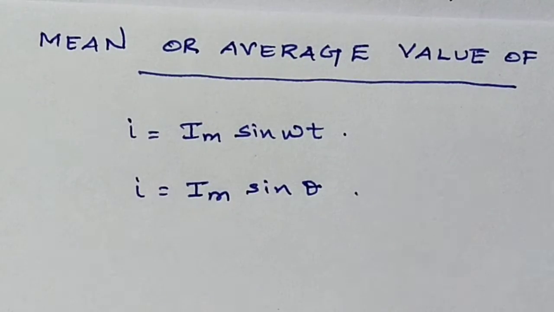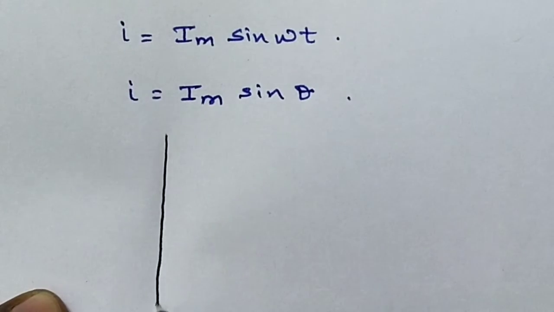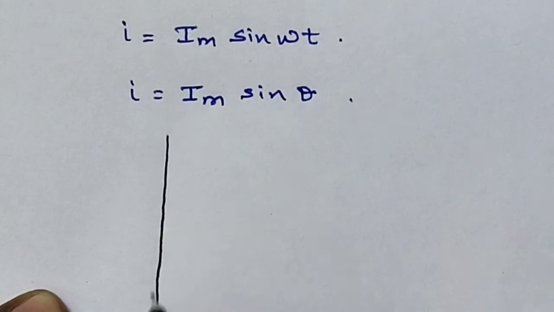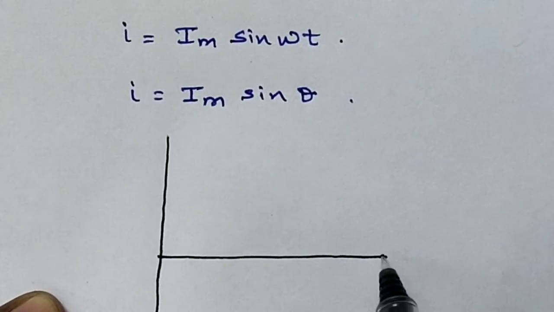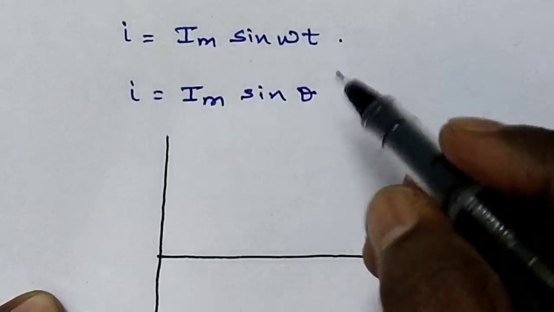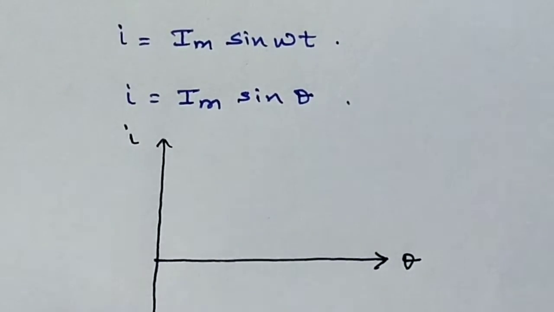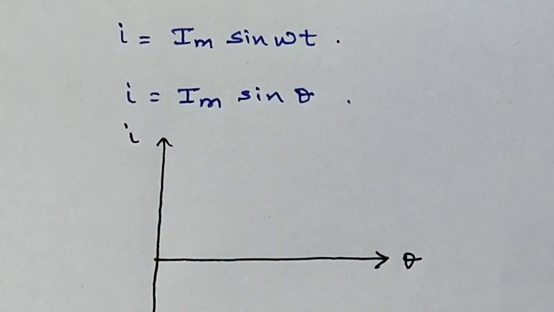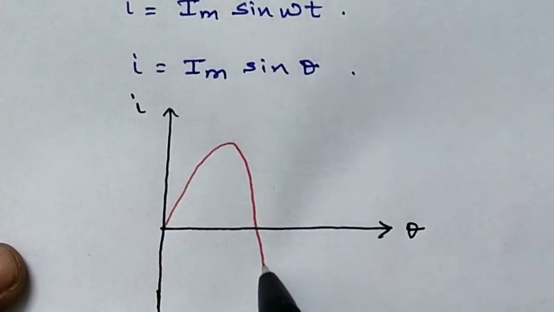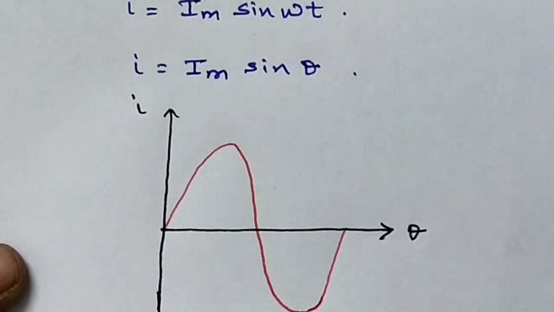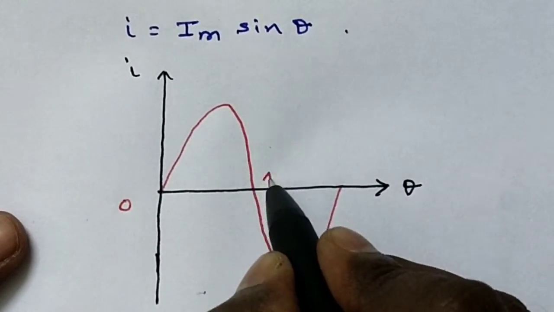Now consider the sinusoidal alternating current, where we already know the sine waveform. Here theta equal to omega t, and here is the current I. Now I draw the sine waveform from 0 to 2 pi.